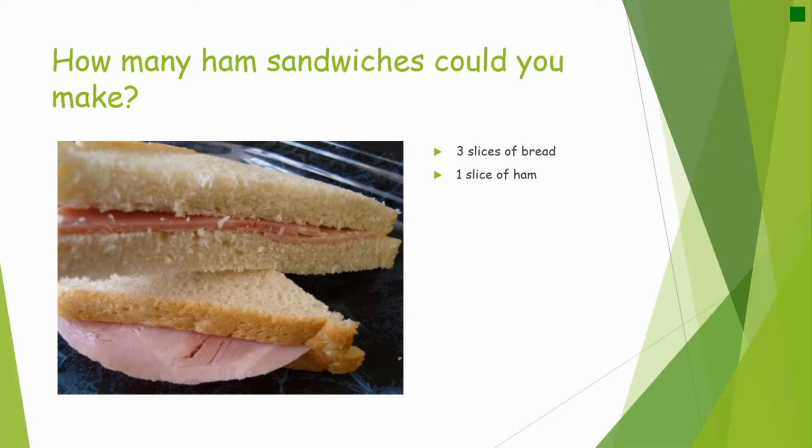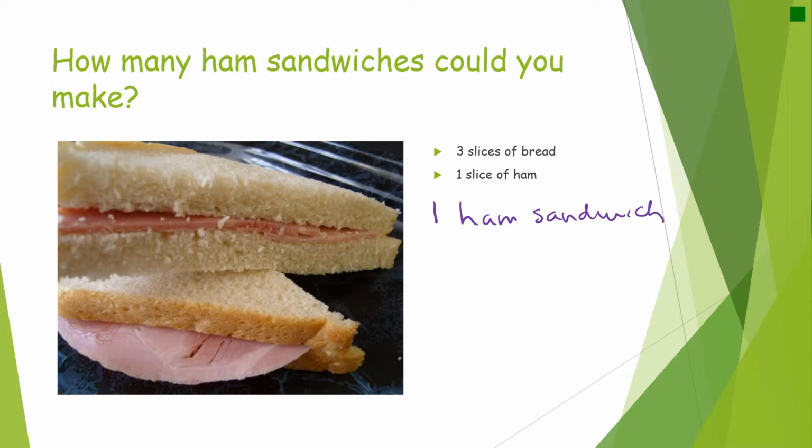How many ham sandwiches could you make with 3 slices of bread and 1 slice of ham? Well, of course, you can still only make 1 ham sandwich because we won't have enough ham to make more than one.